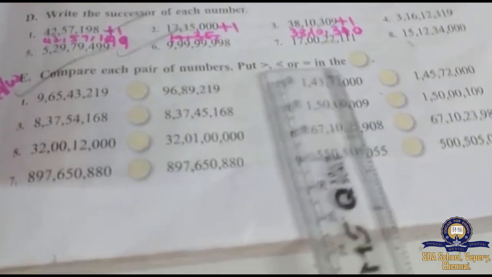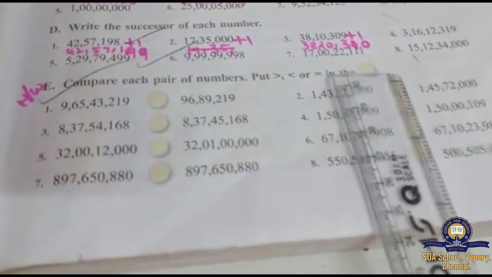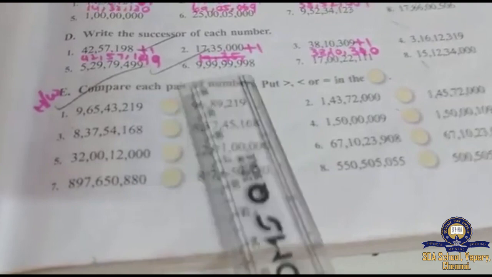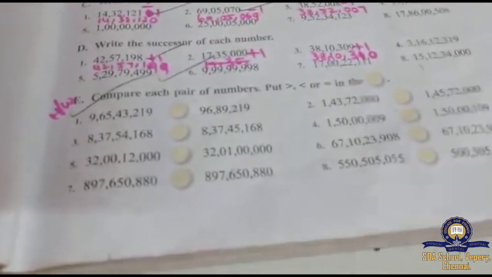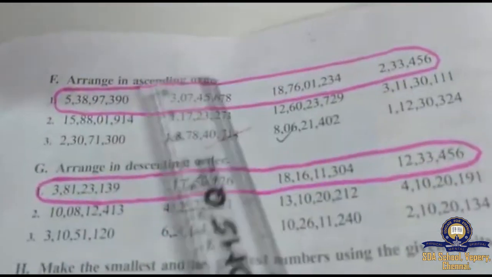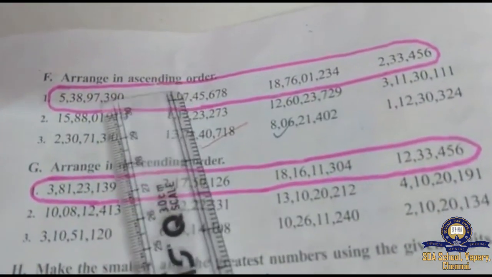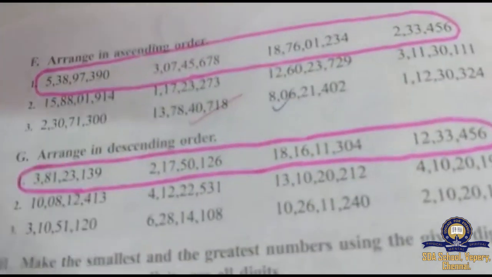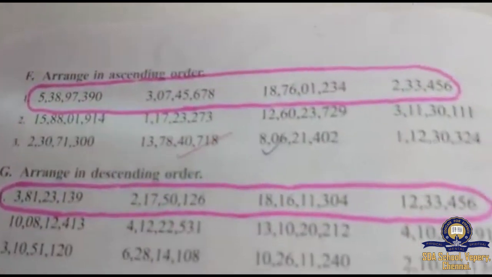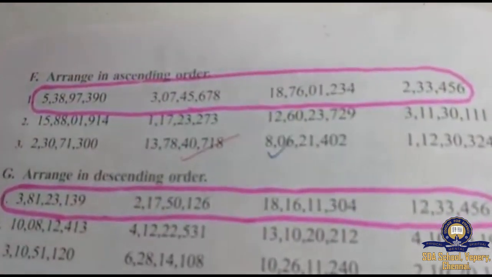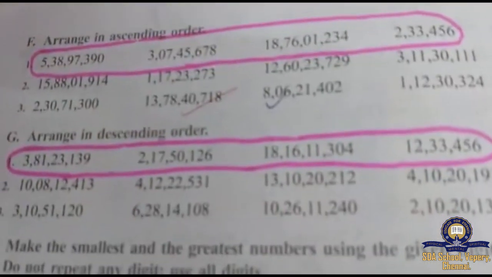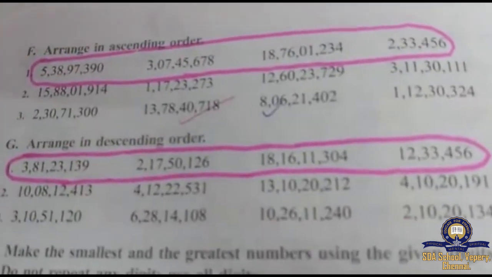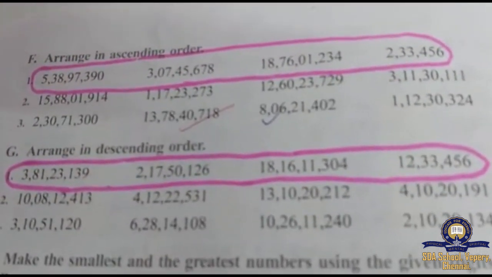Okay, and this you do as your homework, right? You have to put the greater symbol, lesser symbol or equal sign in the circle. Got it? And the next one, as I told you, we have to arrange in ascending order. You should know how to arrange the numbers in ascending order and descending order, as I have explained to you.